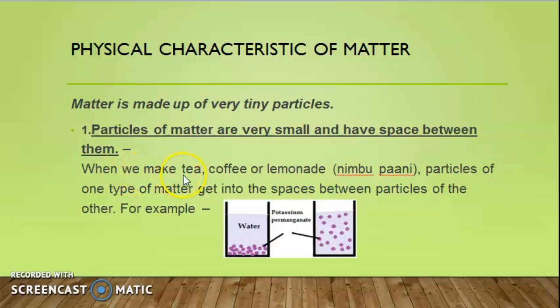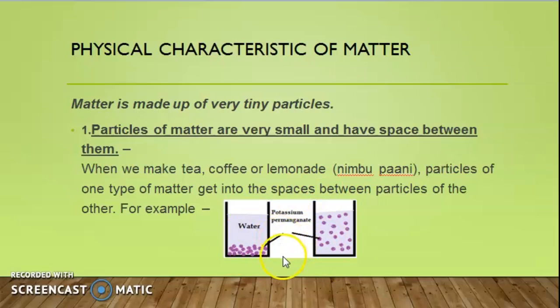When we make tea, coffee or lemonade, the particles of one type of matter get mixed into the spaces between the particles of the other. For example, all of you are seeing here, it is written water, and here potassium permanganate.